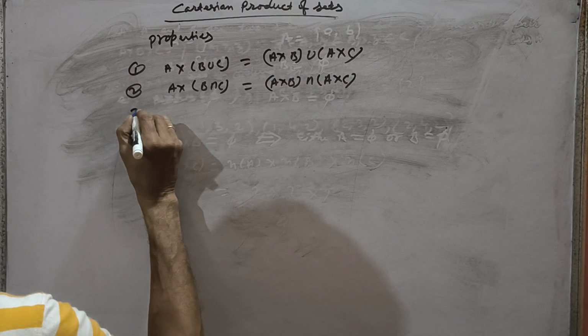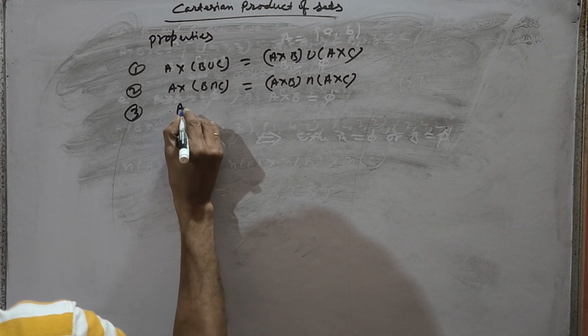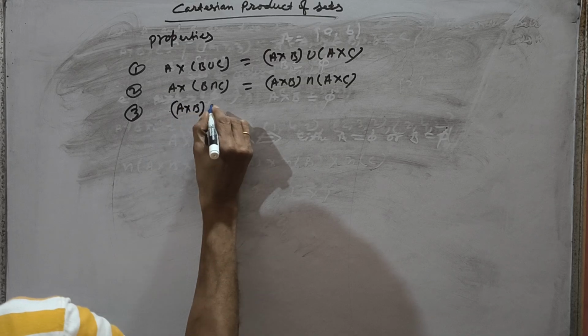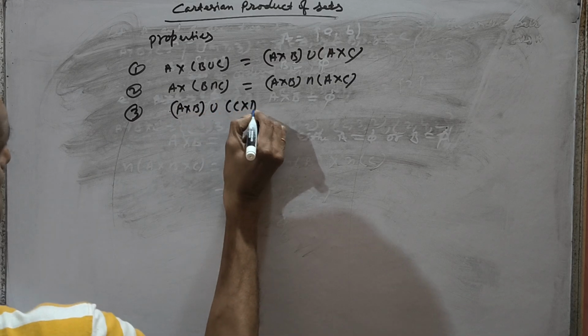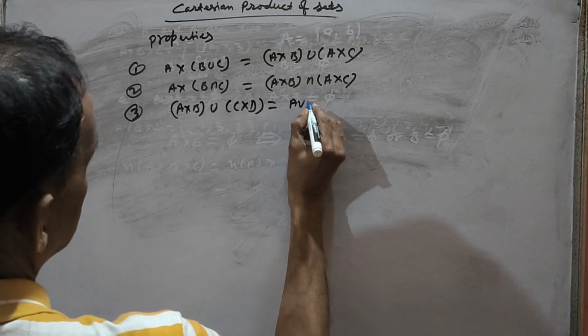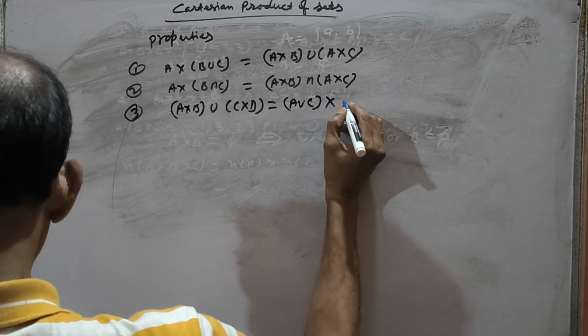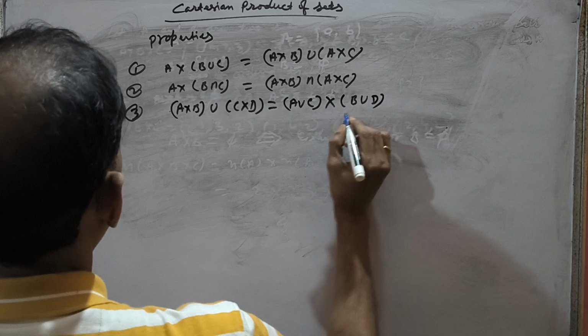Then some more properties are there. Number 3: (A cross B) union (C cross D) is equal to (A union C) cross (B union D).